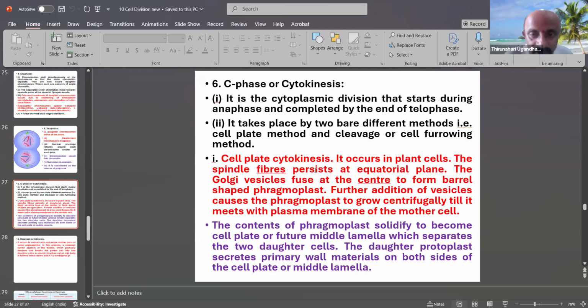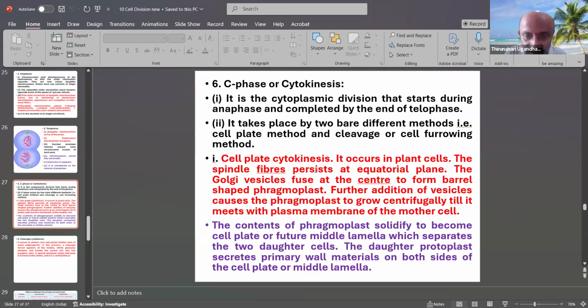It occurs by two different methods: the cell plate method and the cleavage or cell furrowing method. Cytokinesis means the protoplasm separates into two parts.